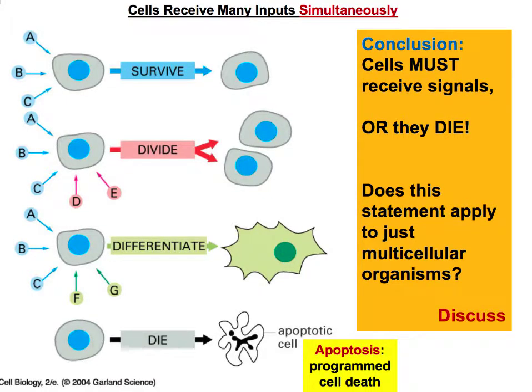The signals can be classified into many different categories. Some are called survival signals, which allow the cell to continue to do its normal job. Others are mitotic factors, which encourage cells to divide. Others are differentiation factors, which cause cells to change behavior, either by expressing different chemistry or changing its gene activation, expression patterns.